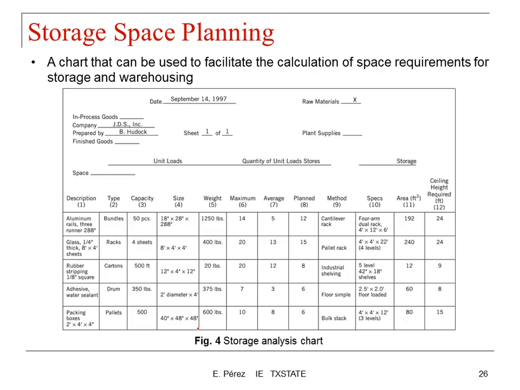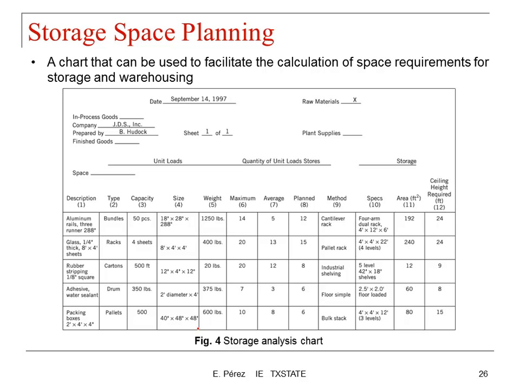So we have the description of those items, and then the type of storage that you use to put those items. The capacity per item or per box you have for each one of the items. So in this case, we have 50 pieces per bundle.